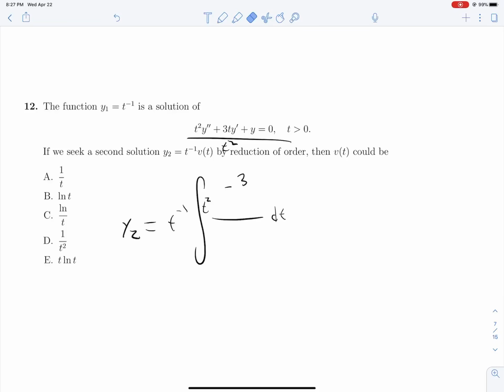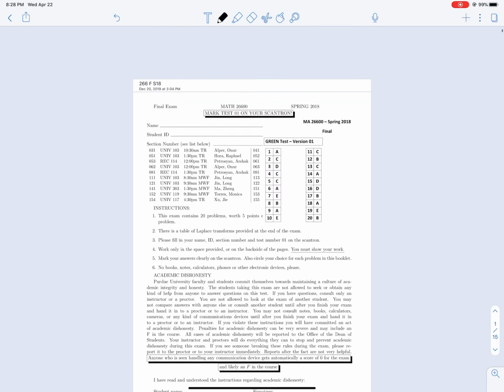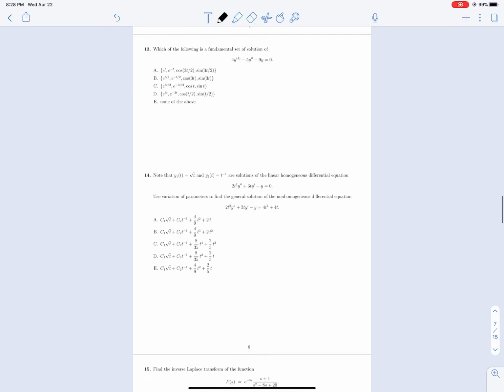We can replace this e with that t, and we are left with t squared over t cubed, so we get 1 over t dt, and they're looking for the function that we're multiplying by t to the negative first power to get y2. So as a result, it's just the result of this integral here, so ln t is our answer for 12, that's B.